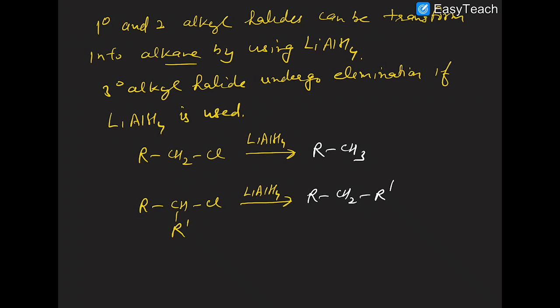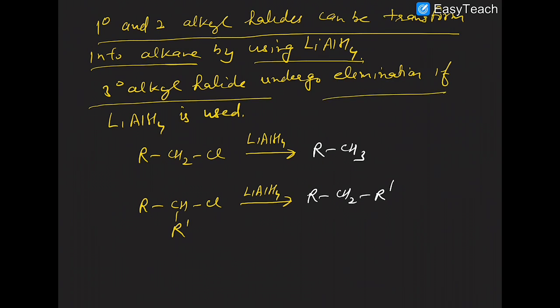Now one more important point is that primary and secondary alkyl halides can be transformed into alkanes by lithium aluminum hydride, but tertiary alkyl halides undergo elimination with lithium aluminum hydride. It means lithium aluminum hydride can't be used for tertiary alkyl halides. If you have primary or secondary alkyl halides, they can be transformed into the corresponding alkane using lithium aluminum hydride.